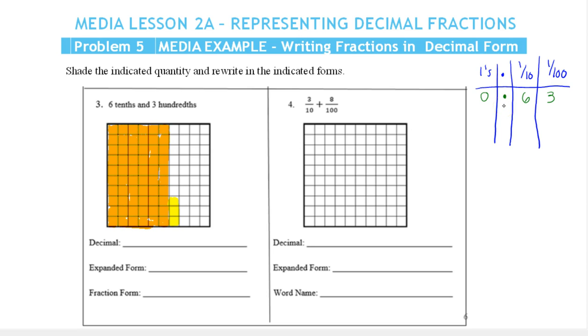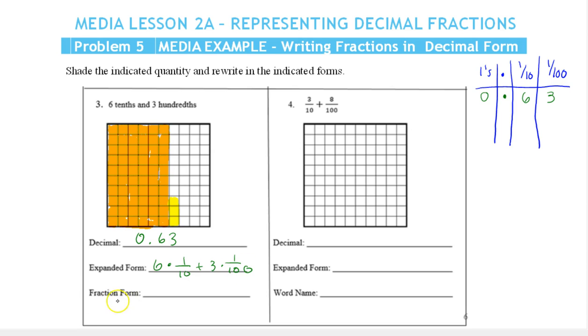So as a decimal, this would be written as 0.63. In expanded form, we'll write the digit times its place value. So 6 times 1 over 10 plus 3 times 1 over 100.